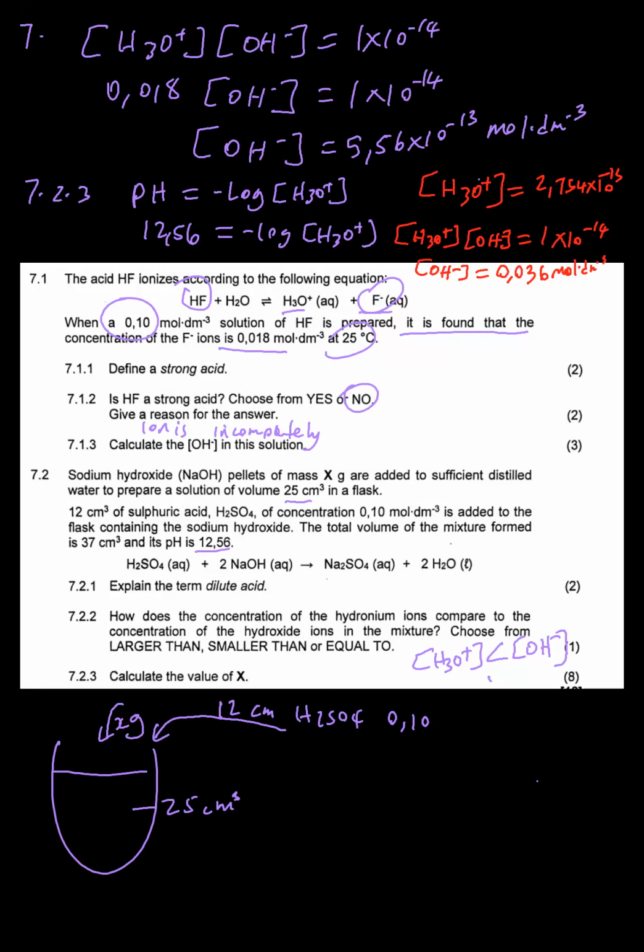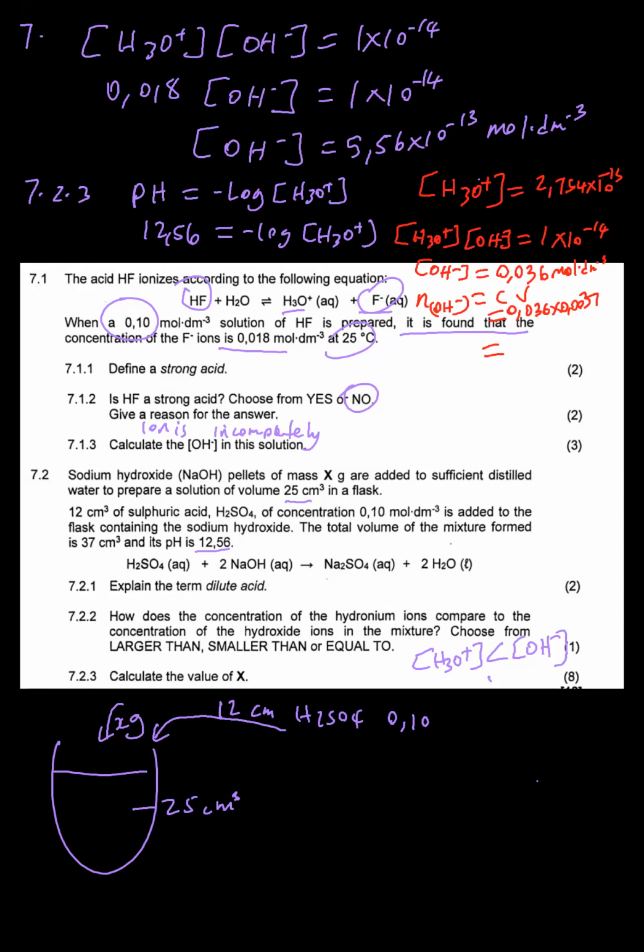So let us calculate the number of moles in excess of this OH minus. It's equal to CV. Our C is 0.036, multiplied by the volume.